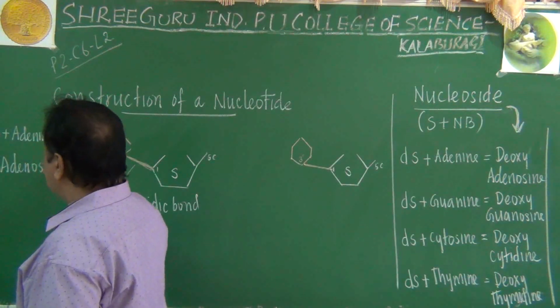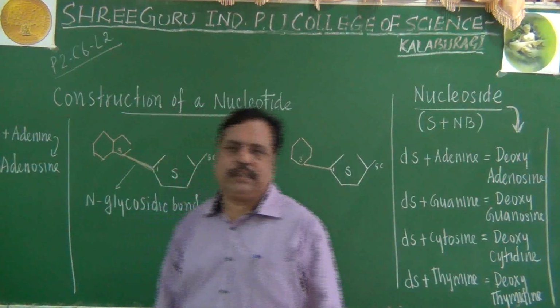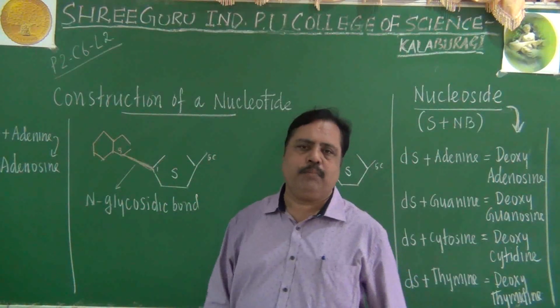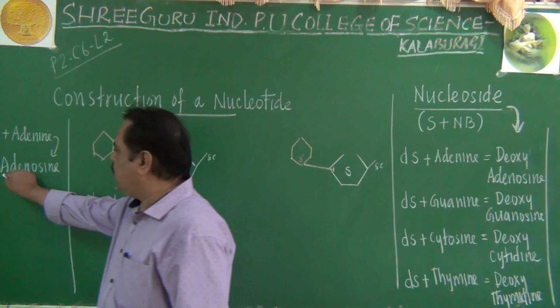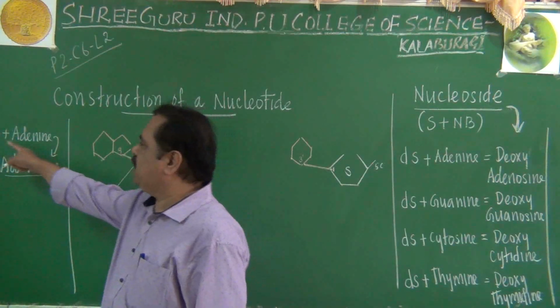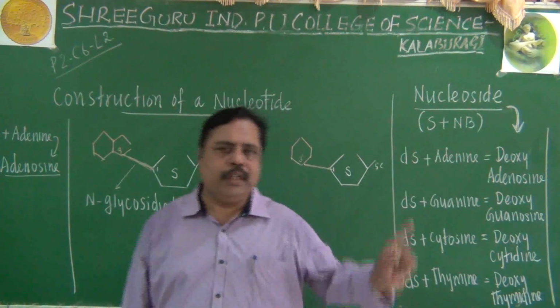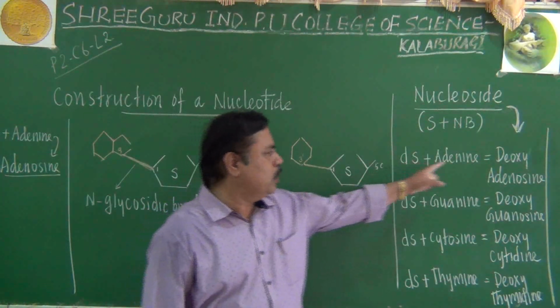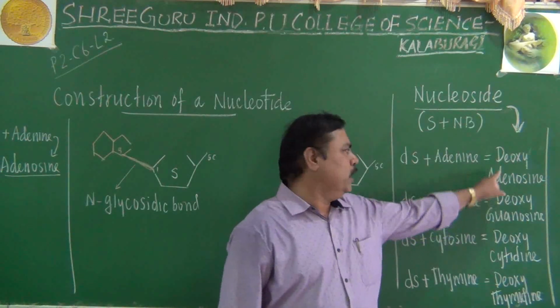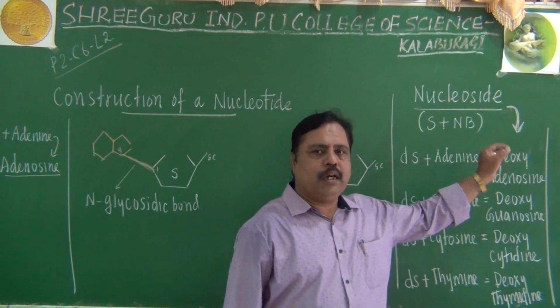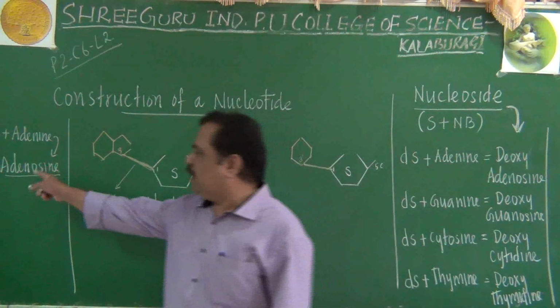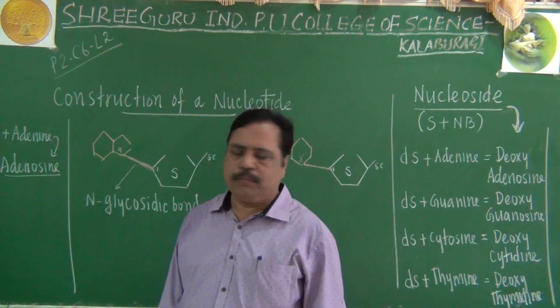You need not write the prefix deoxy. Simply writing adenosine indicates ribose sugar plus adenine. Do you get my point? If it is deoxyribose sugar, it should be deoxyadenosine, and I have to write the prefix deoxy. Here there is no need of any prefix.